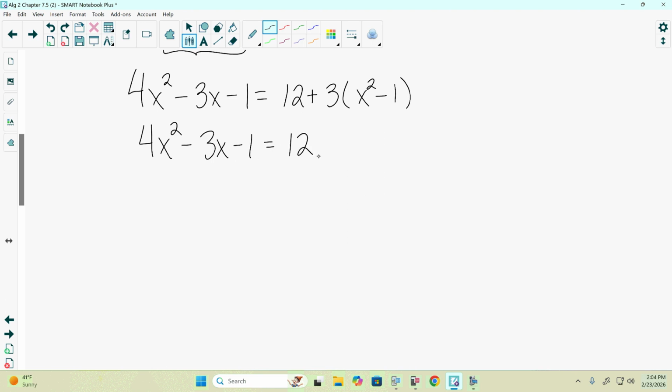We still need to distribute this 3 to the x squared minus 1. 3 times x squared is going to be 3x squared. 3 times negative 1 is negative 3. Now, after doing that, we do still have some like terms.